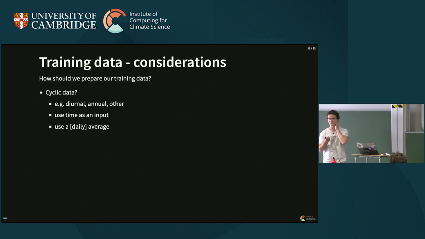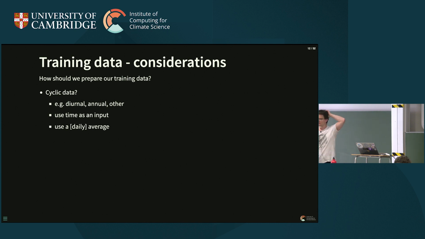So someone asked a really good question, I think it was yesterday, about cyclic data. So one important thing to think about is how you should prepare your training data. And we saw a lot of that with the penguins data set, making sure that we have things that are always the same magnitude, how to encode strings, this sort of thing.